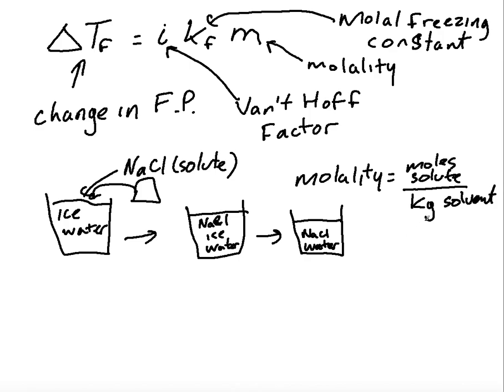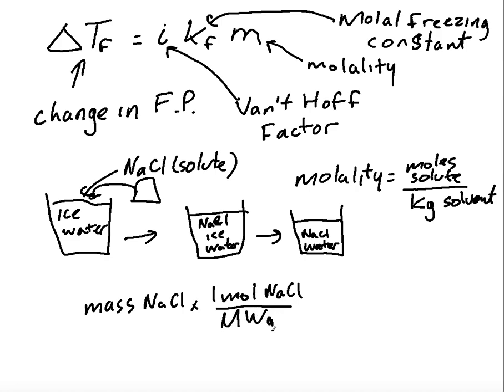Now the moles of solute, that's going to be the NaCl, and we know the mass of that. We know the mass of the NaCl, so we can get the moles of NaCl, 1 mole over the molecular weight in grams of NaCl. So that's what's going to go in here for the molality.